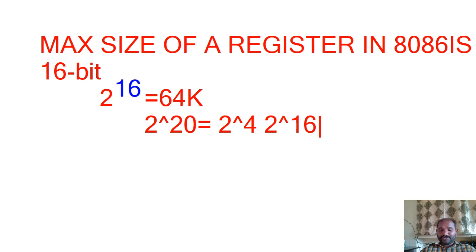We know that 2 power 4 is nothing but 16. And 2 power 16 is nothing but 64k.